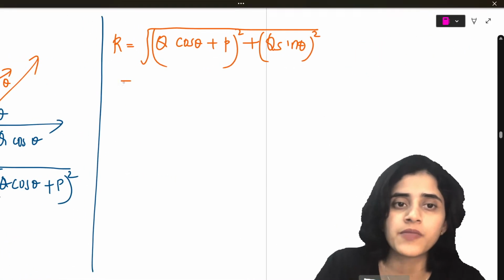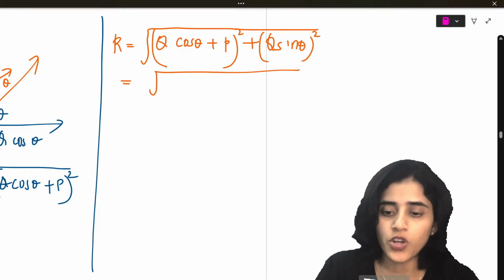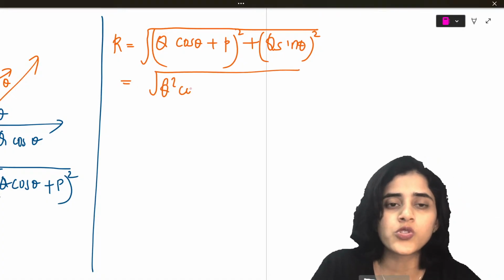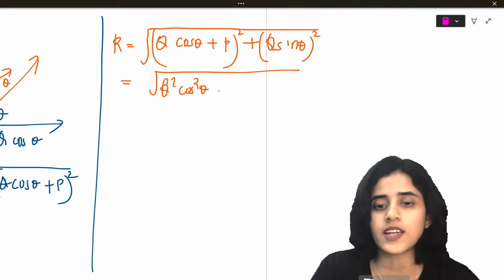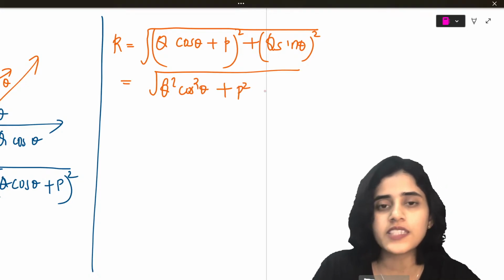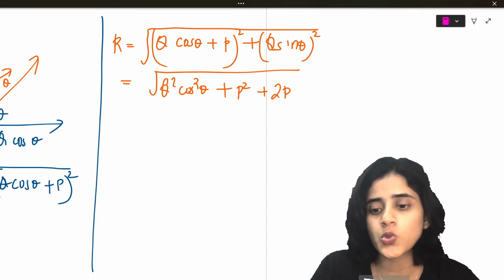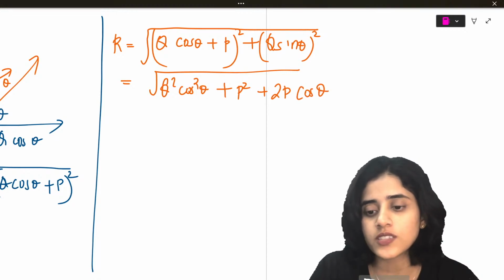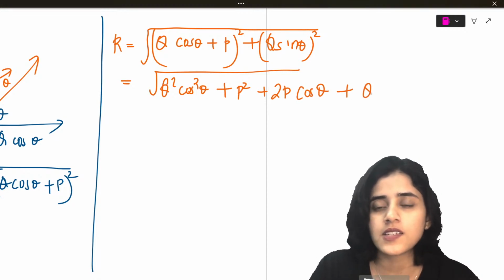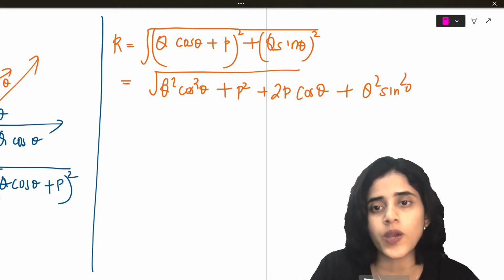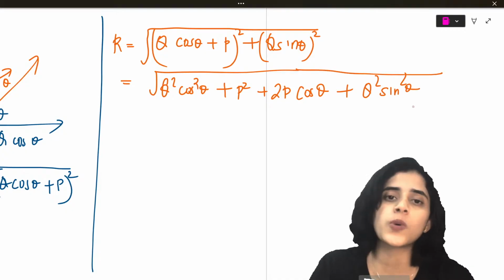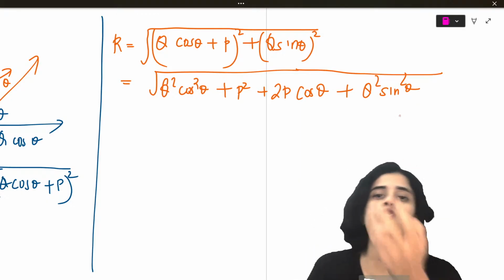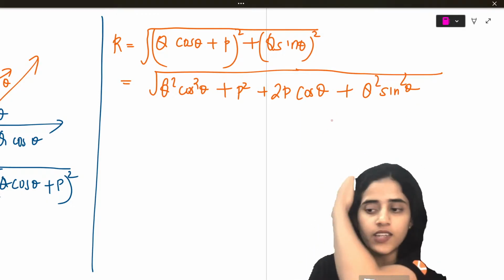This will become the square root of Q square cos square theta plus P square plus 2P cos theta plus Q square sin square theta. A plus B the whole square is A square plus B square plus 2AB. That's all that I have done here.